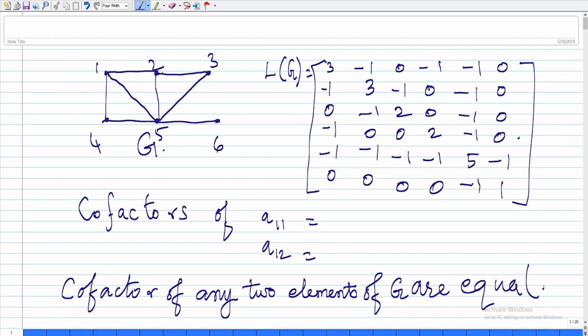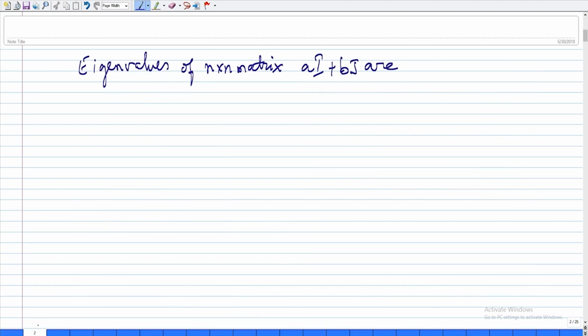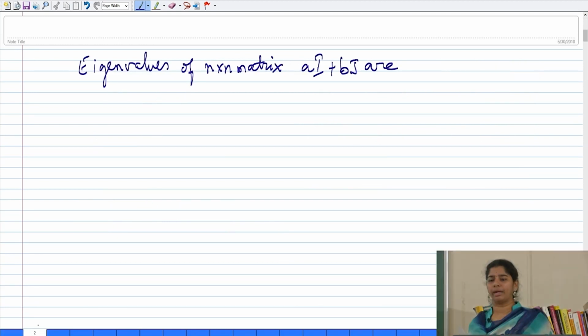As you solve the cofactors, you will see how the rows and columns are behaving, and from there you can get the solution for this. I did this because we will be using cofactors more often in proving our other results. We will get back to this, and now let us look into this matrix.